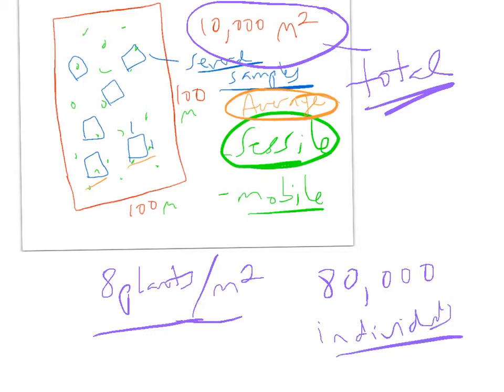Right? It's pretty straightforward. And if you have closely spaced plants like this, it may be that you have quite a few. One of the things that you're probably thinking about already, and this is an idea that we're going to come back to in a little bit, is how the plants are arranged in this area.